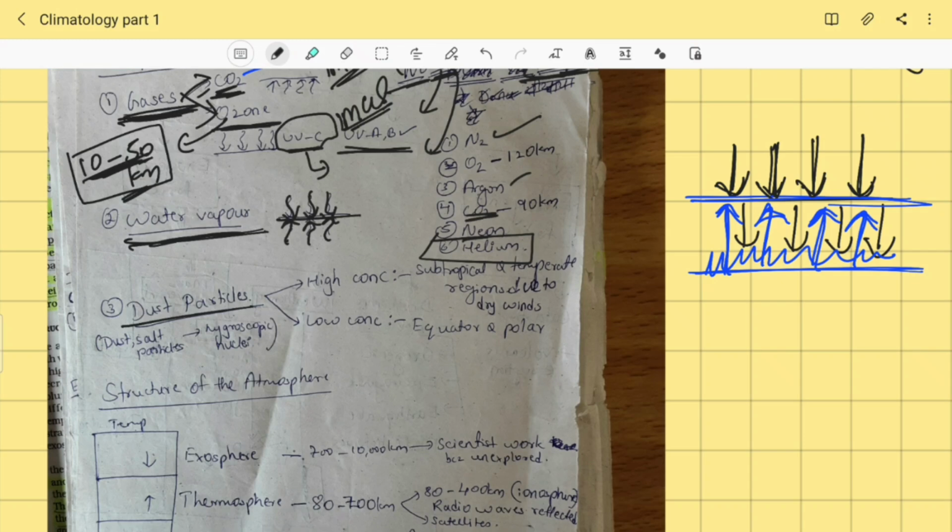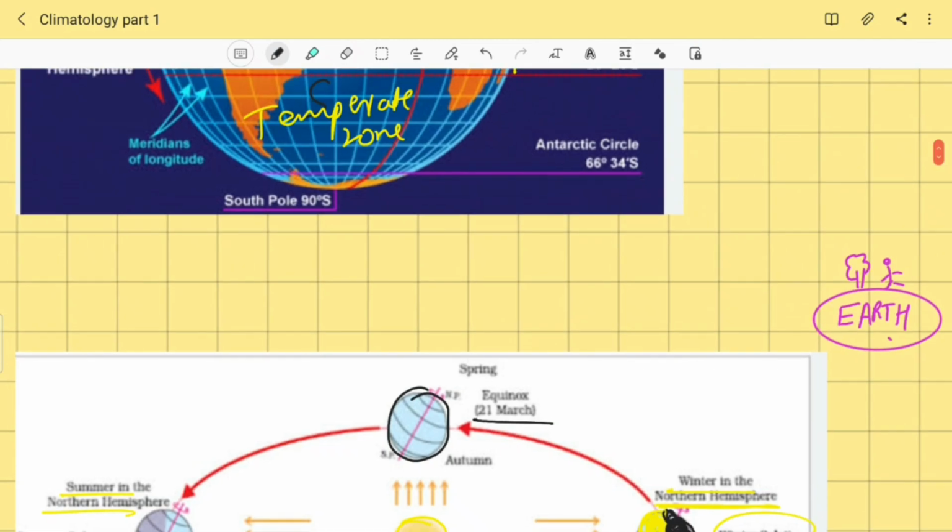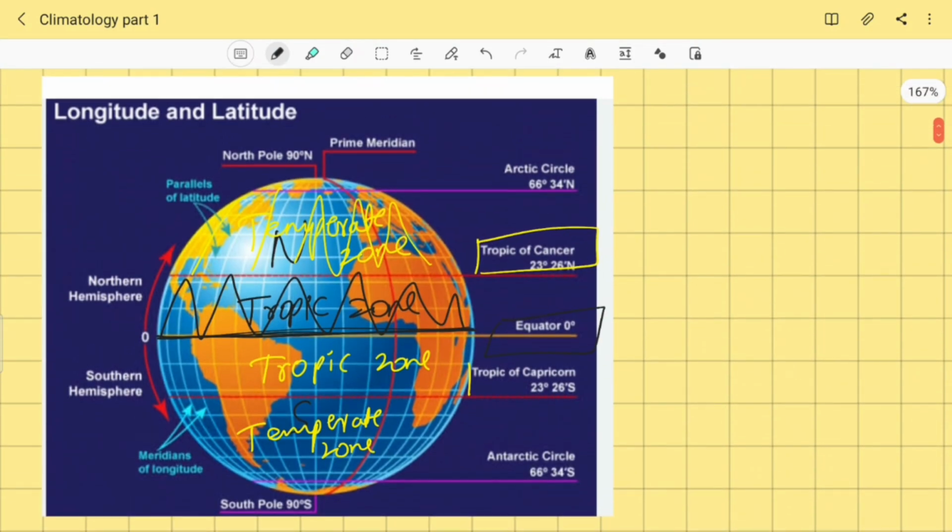Okay, and it decreases with altitude in warm and wet tropics. Warm in the sense, here we have seen about the earth, this tropic zone is known as a warm region, and as we go towards the pole we see a cold region.